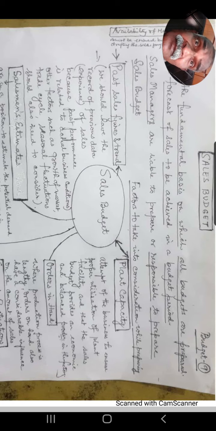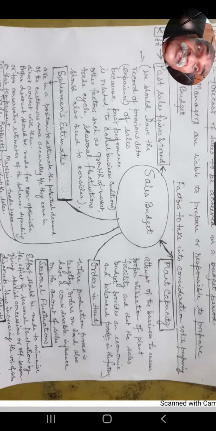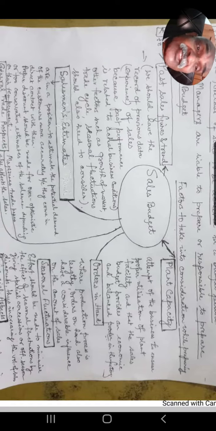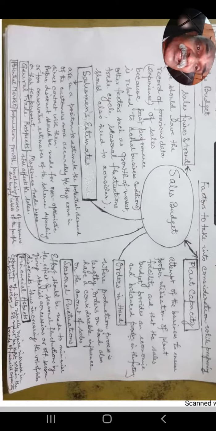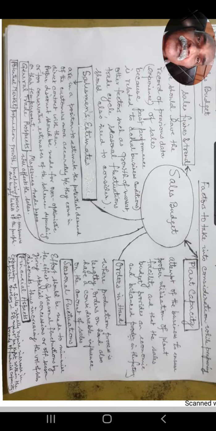Without knowing the availability of materials and supplies, we cannot prepare sales budget. Without knowing the salesman's estimates, we cannot prepare sales budget. Without knowing the orders on hand, seasonal fluctuations, financial aspects, general trade prospects, potential markets, we cannot prepare sales budget. So these are the factors which need to be considered while preparing sales budget.